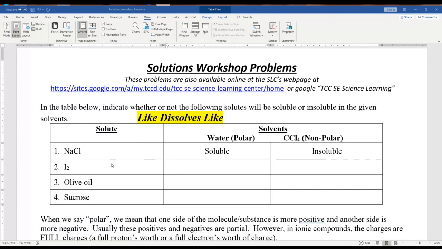Essentially, what it comes down to is this: I2 is a two-atom molecule. You have iodine bonded to another iodine. Each iodine has the same pull or the same attraction for electrons. Since they have the same attraction for electrons, neither one is going to pull more strongly than the other, and they'll be evenly distributed, and therefore it'll end up being nonpolar.